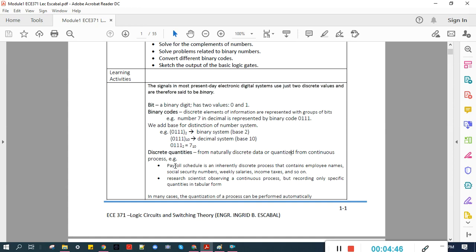Examples of this are the payroll schedule, which is inherently discrete since it contains employee names, social security numbers, weekly salaries, income taxes, and so on.